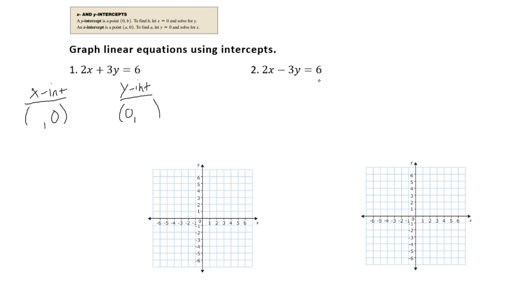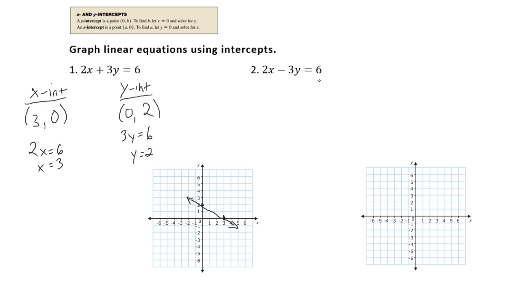So if we plug this in and make y 0, we have 2x equals 6, making x equals 3. For the y-intercept, if we make x 0, we have 3y equals 6, which makes y equal 2 when we divide both sides by 3. And so now we can just graph (3, 0) and (0, 2). And then if we connect those points, we have that line right here.